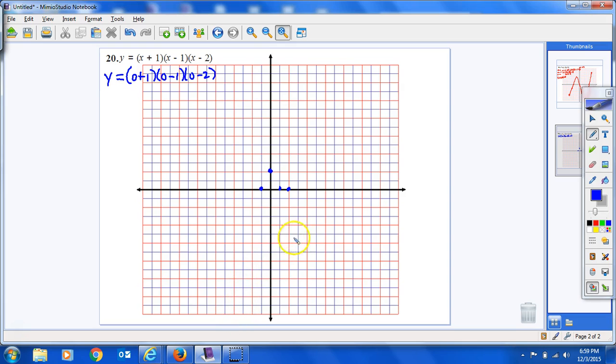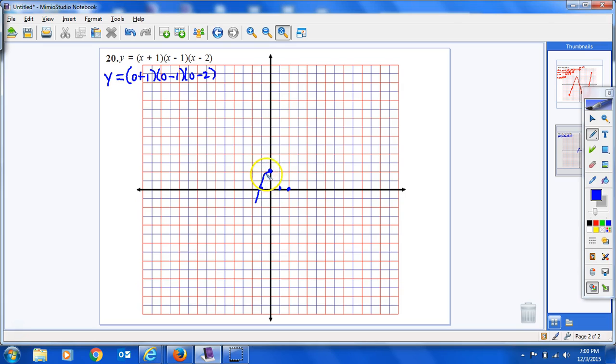All right. So I know as far as end behavior, once again, we know this is cubic. We know the lead coefficient is positive. So I already know basically what's going to happen on the ends. And so I've got a pretty good idea what's going to happen in here. So I know this much.